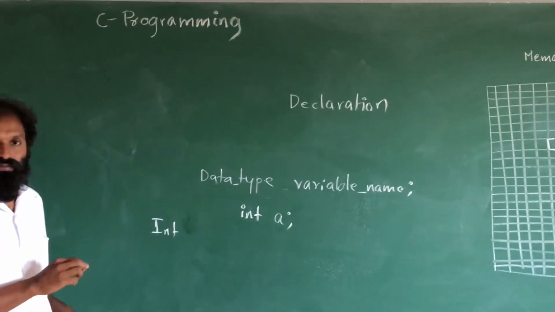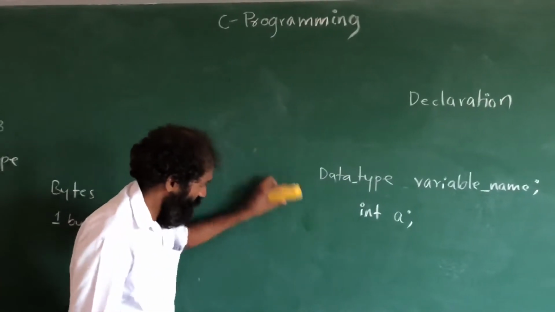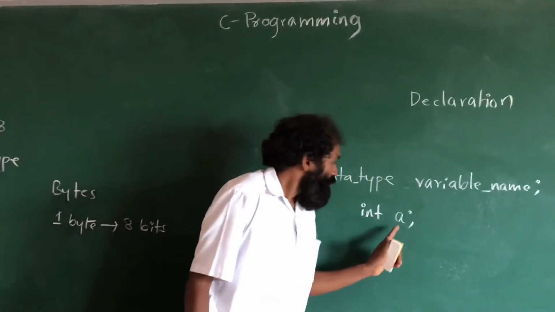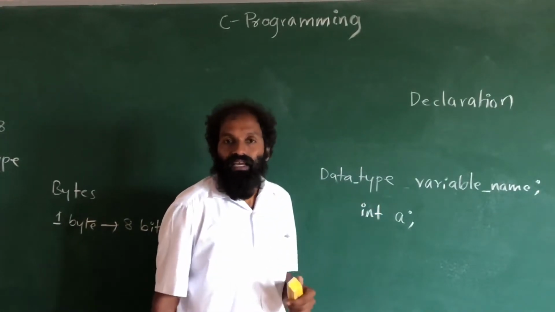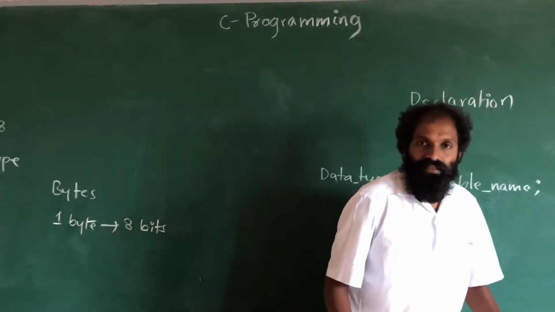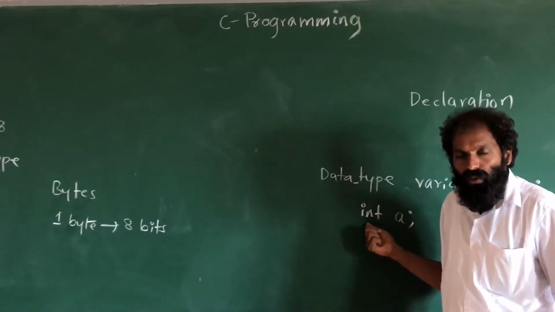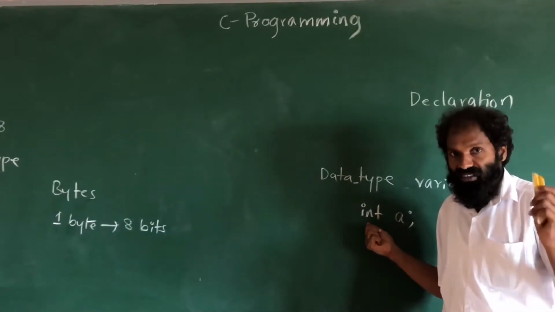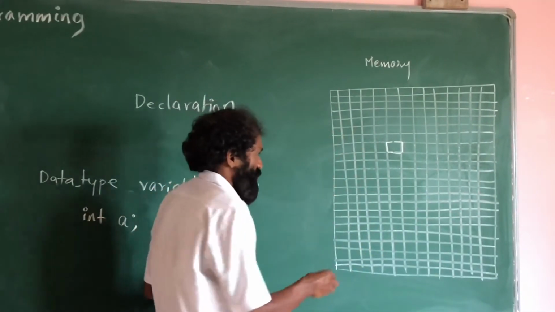This is wrong. So all should be in lower case. Okay. See, this is the data type. This is the variable. Now it selects. If it is integer, as I told you, it takes 4 boxes. From anywhere, it takes 4 boxes.